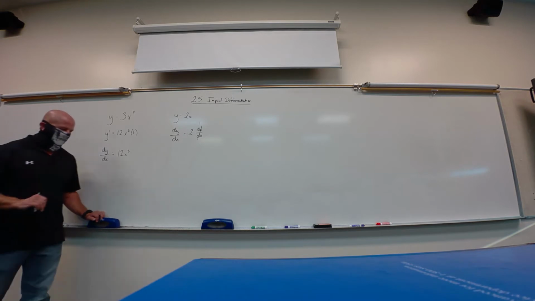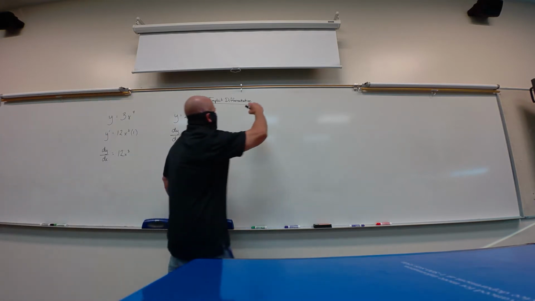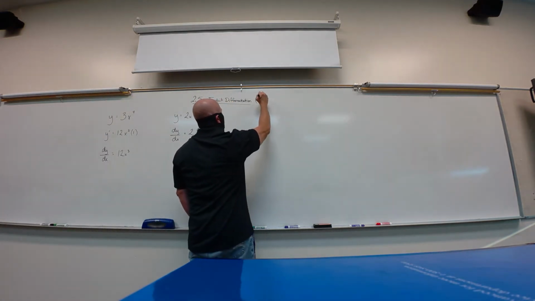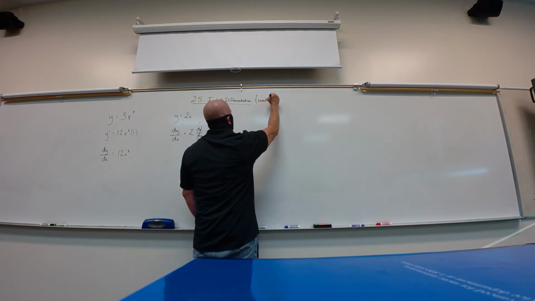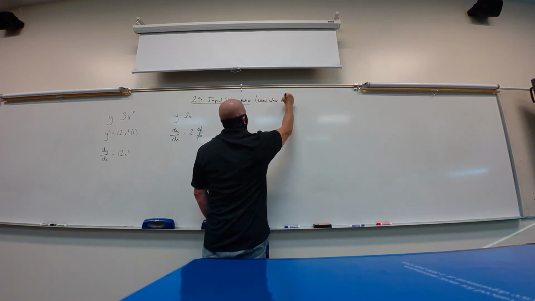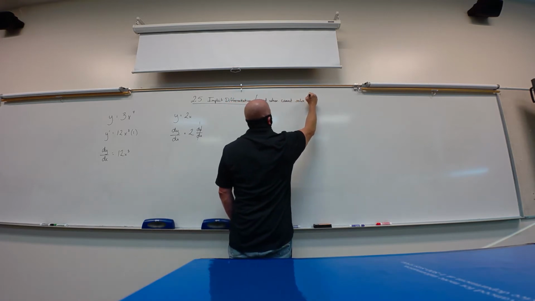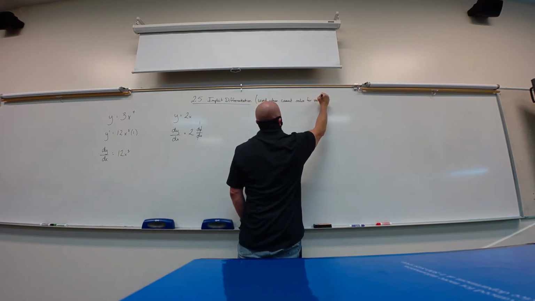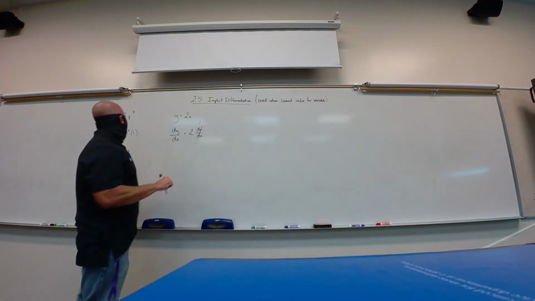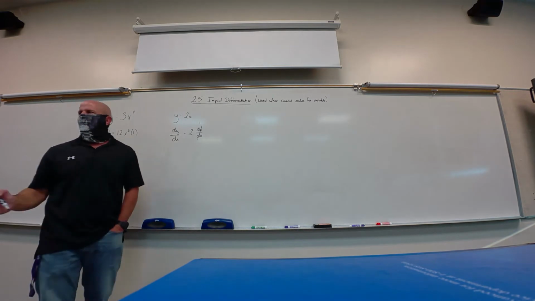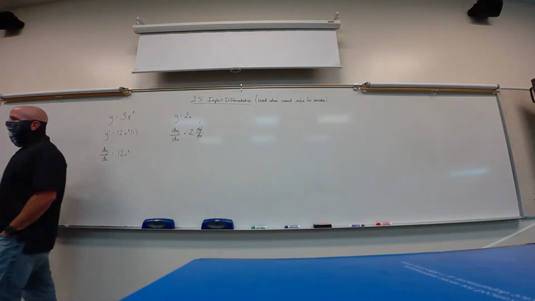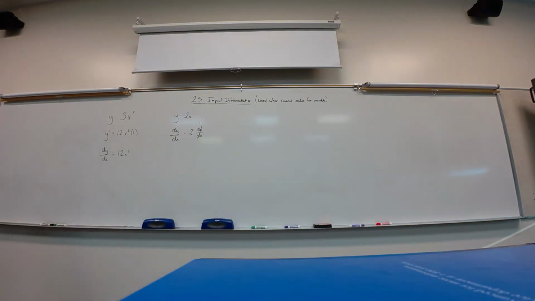Implicit differentiation is generally used when you cannot solve for a variable. So, these two original nice simple derivatives, they're already solved for y. Okay? And I've got y's up there, but you've seen f of x equals, g of x equals, whatever, it's solved for that variable.